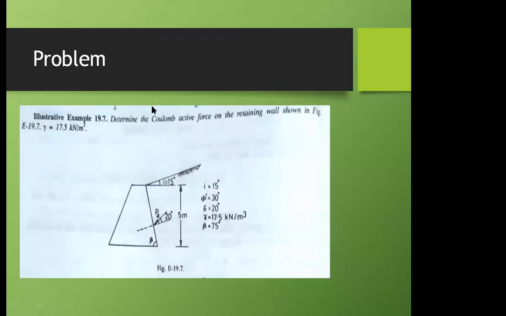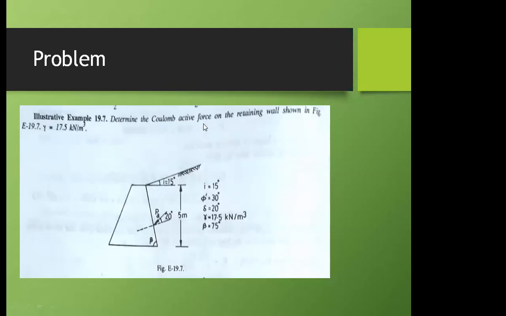Determine the Coulomb active force on the retaining wall shown in the figure. Can you read out the data which is given?